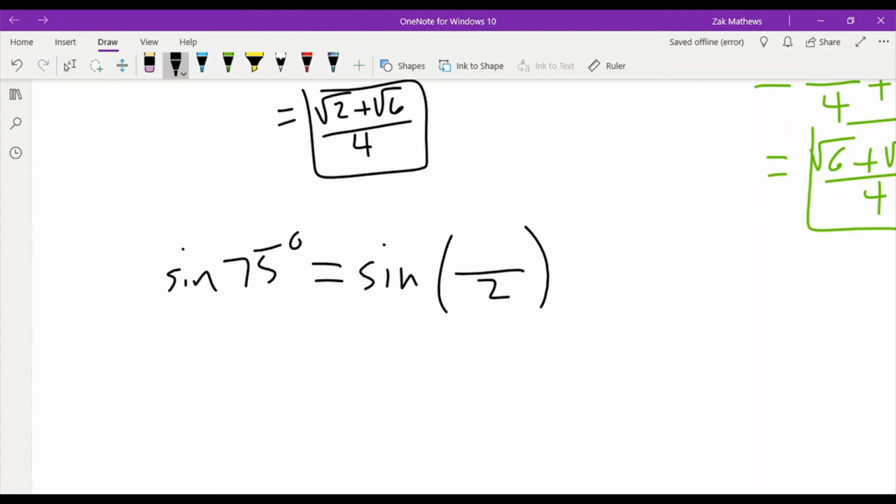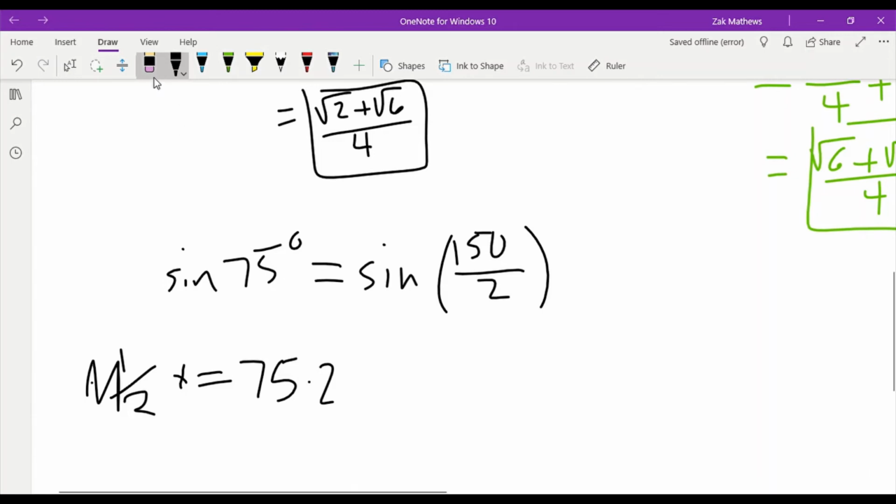And another way to think about that, half of what, or I can call it half of x, is equal to 75. Well, if we want to solve that equation, we could just multiply the 2 to the other side, and so we'd see that we should have 150 over here. And so, with that in mind, let's figure out what this would give us.